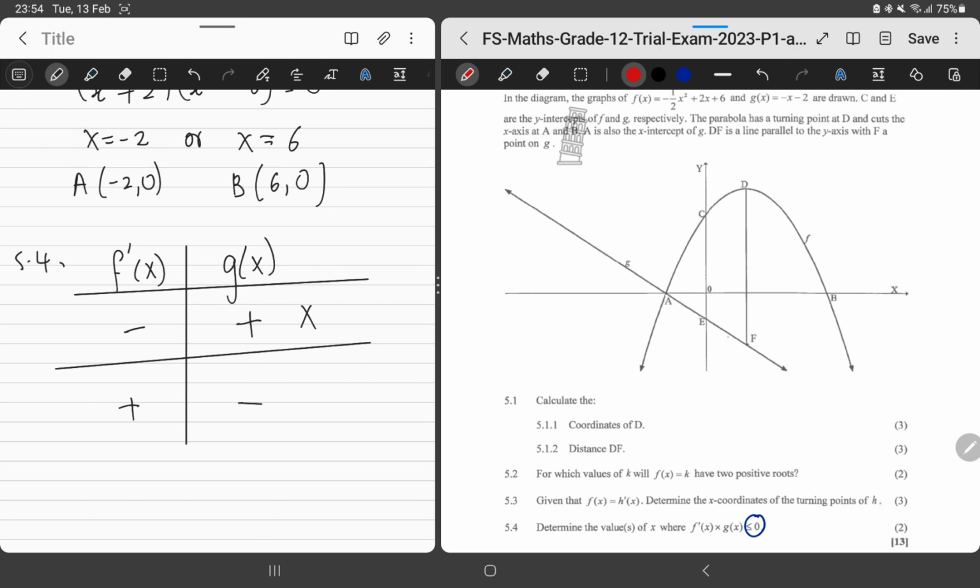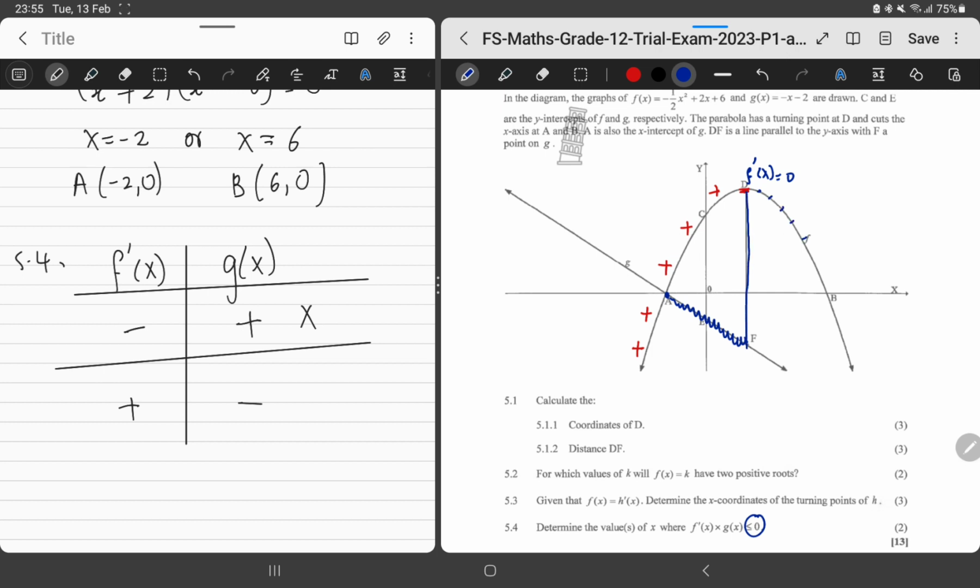In the second scenario, I am looking for where the gradient of f is positive. The gradient of f is positive all the way to there. And then is g negative? Yes, it is. g is below the x-axis, so it is negative all the way to that point. Because I shouldn't cross this point. The reason for that is because the gradient at the turning point should be equal to 0, and then it's going to change and become negative.